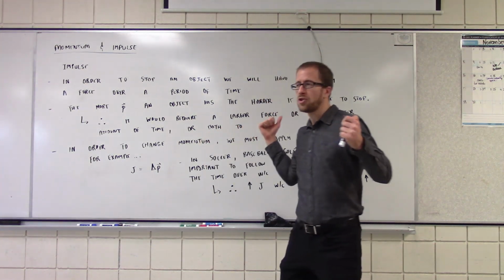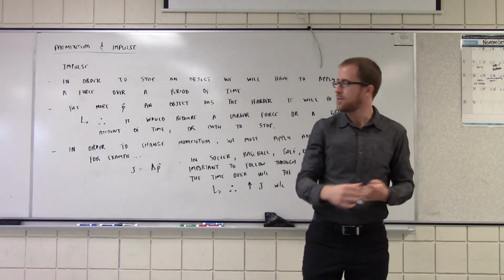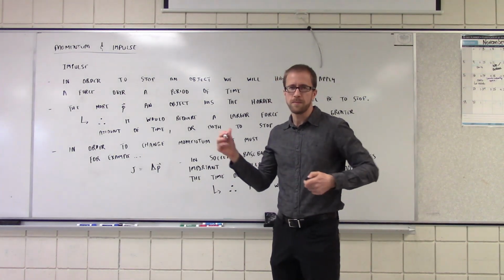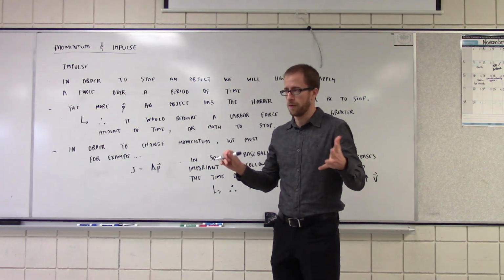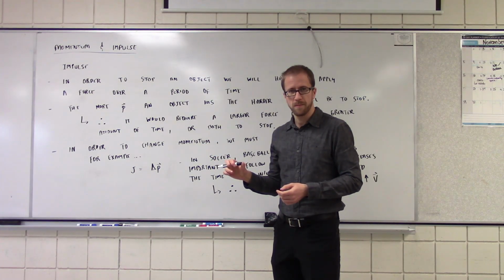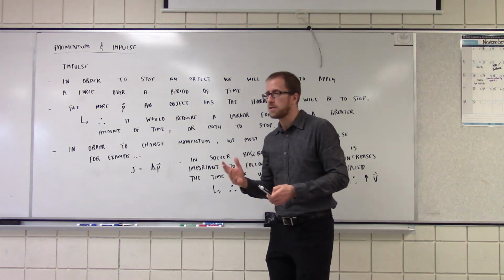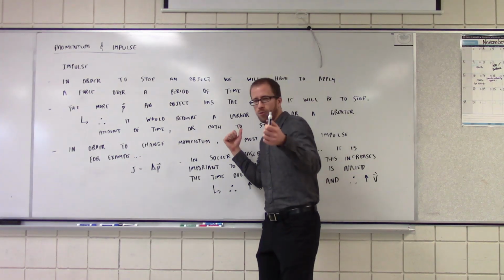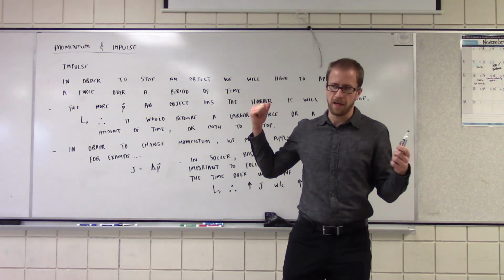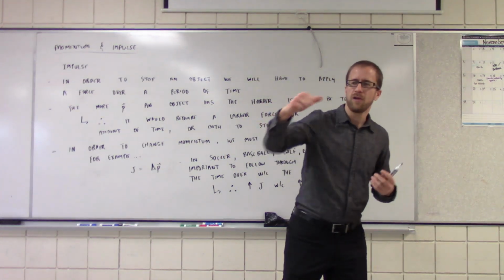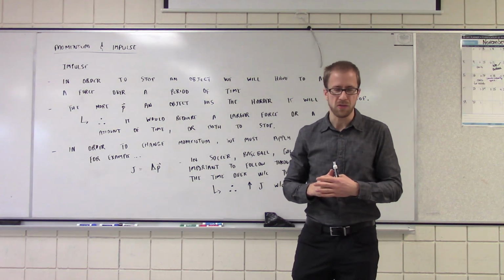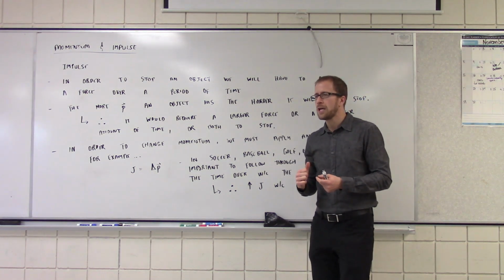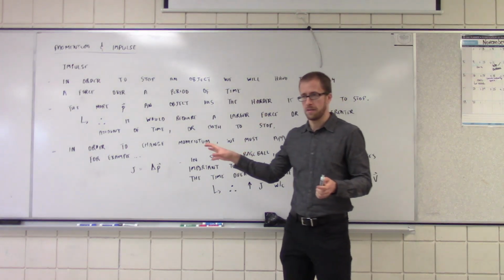If I'm throwing a punch with some velocity and some mass, right? Because what is momentum? What's the formula for it? Mass times velocity. So I'm throwing a punch with some velocity, okay? And no matter what happens, when I punch in the face, my fist is going to come to a complete stop. So my change in momentum is constant.